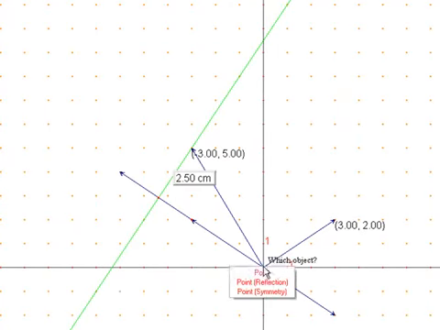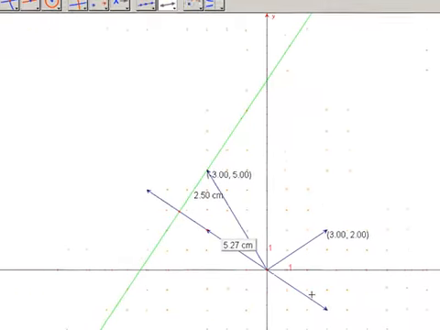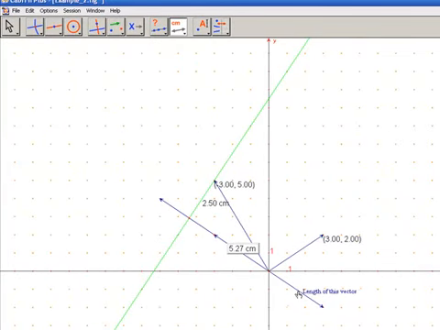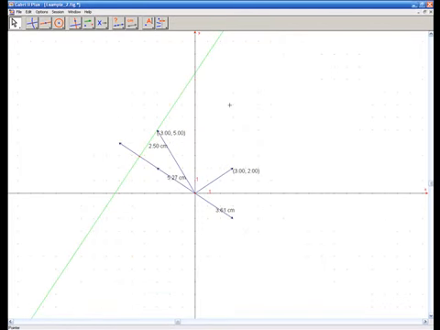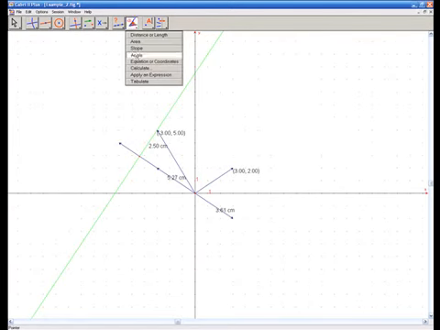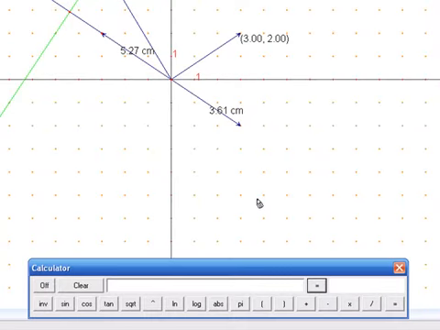We're going to take the length from here to that intersection point, and of course the magnitude of this reflected vector, which is the magnitude of this vector here. Then we have all the numbers we need in order to calculate our real and imaginary portions, or inner and outer products.